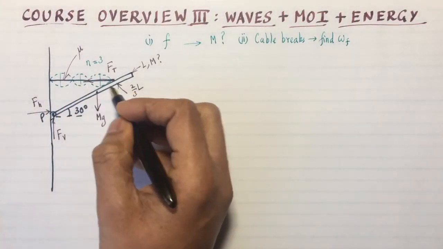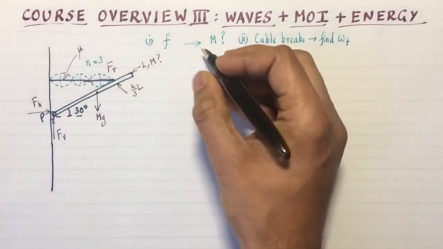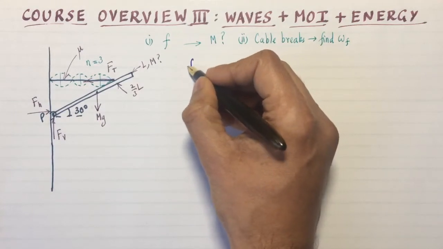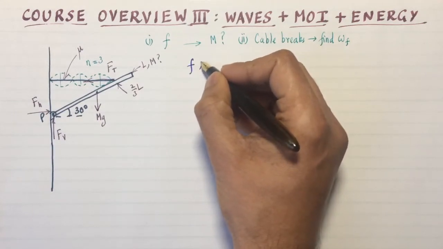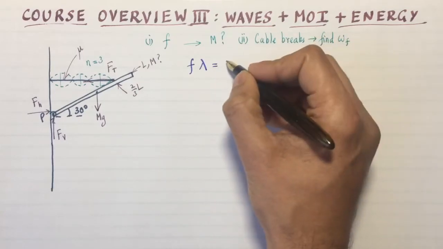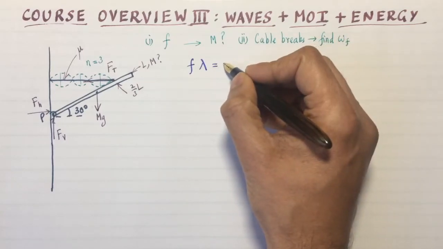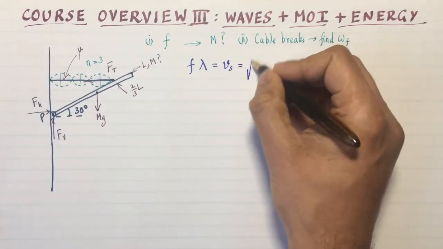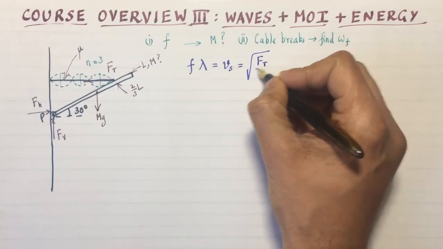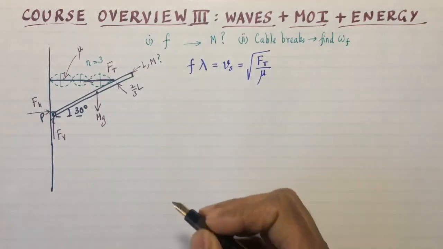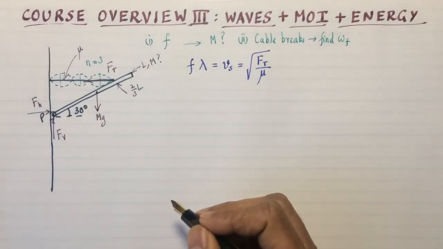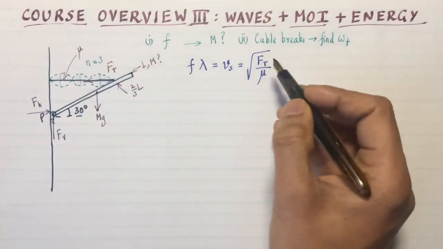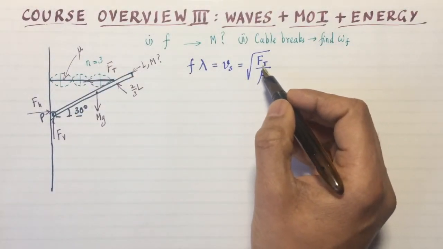From standing wave theory, we can write down the relationship between frequency and wavelength. Frequency times wavelength is equal to the speed of sound in the cable, and the speed of sound in the cable, Vs, is given by the square root of the tension in the cable divided by the mass per unit length of the cable. I'm assuming that the mass per unit length is given, and the tension we now need to find.